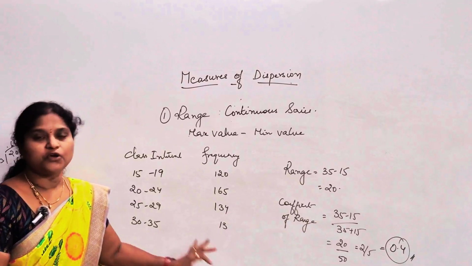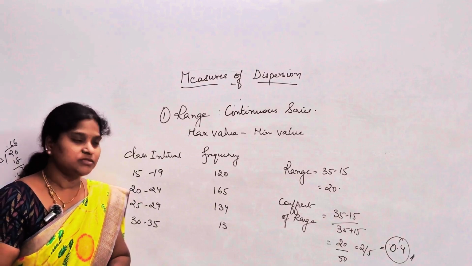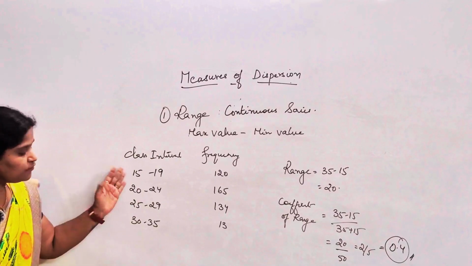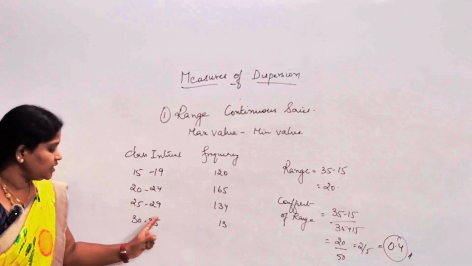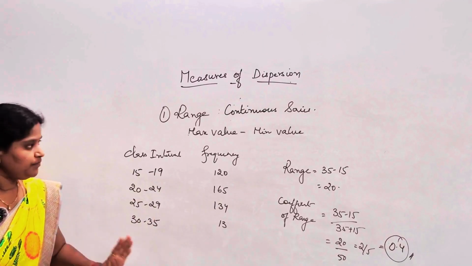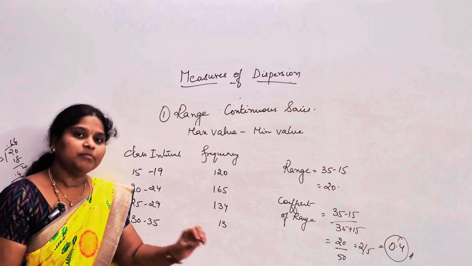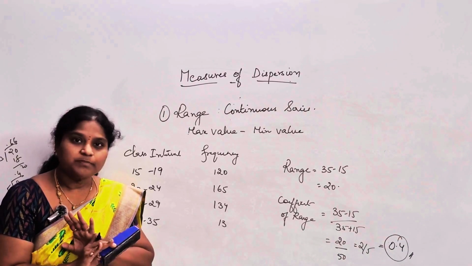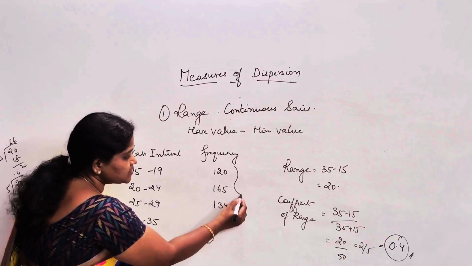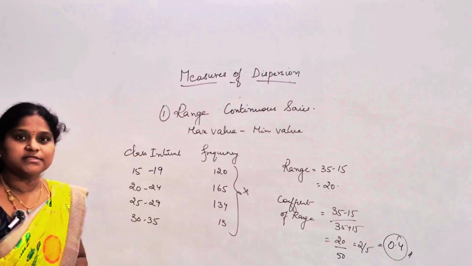This is my example for continuous series to calculate range. The class intervals are given, four class intervals: 15 to 19, 20 to 24, 25 to 29 and 30 to 35. Their respective frequencies are given. But we have already discussed that for calculation of range, frequency plays no important role. So I simply will not consider this.